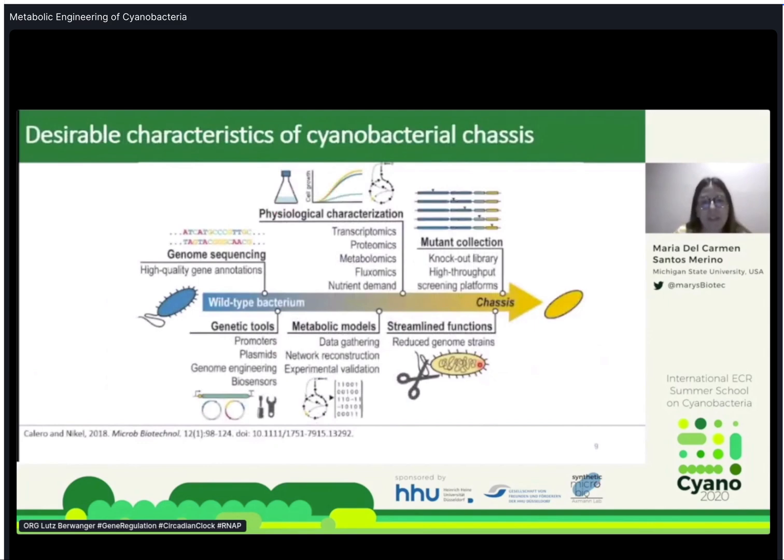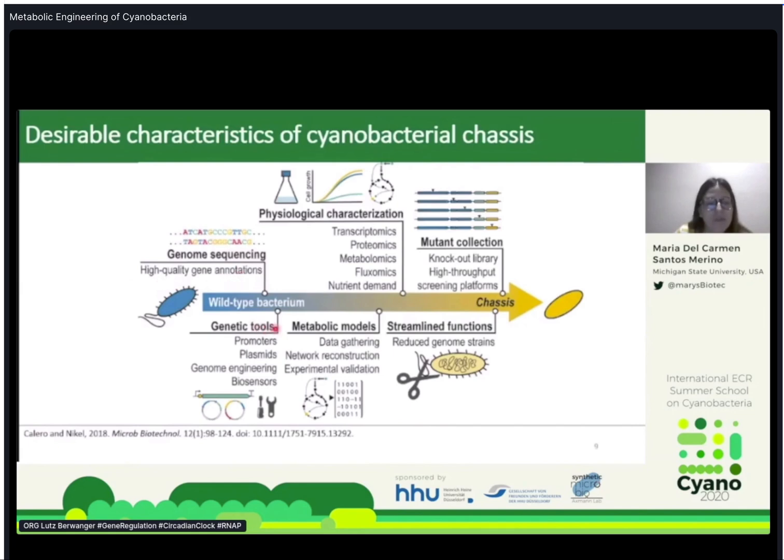Even though cyanobacteria offer some characteristics that could be useful for metabolic production, we need to modify these wild-type strains to generate a chassis that allows us to produce the specific compound. In order to choose which strain we want to use, we are going to focus on strains whose genome sequencing shows high quality annotation.